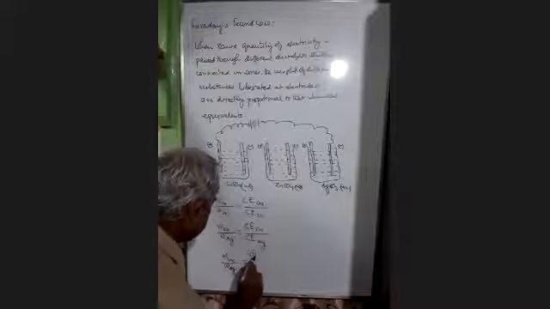Now, if I compare this and this, which are connected in series, then I can write that W_Cu by W_Ag is equal to the chemical equivalent of Cu by the chemical equivalent of Ag. So this is called Faraday's law.